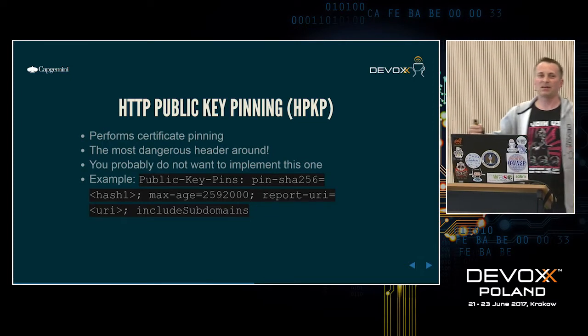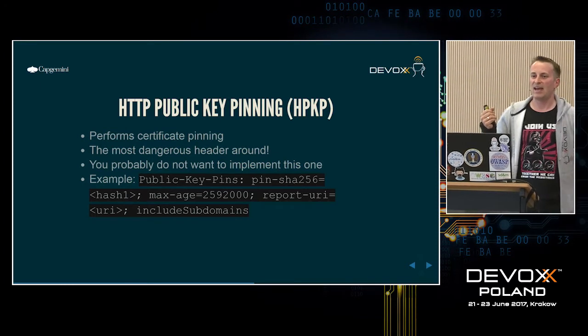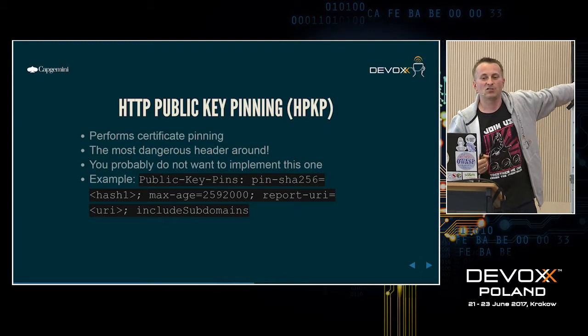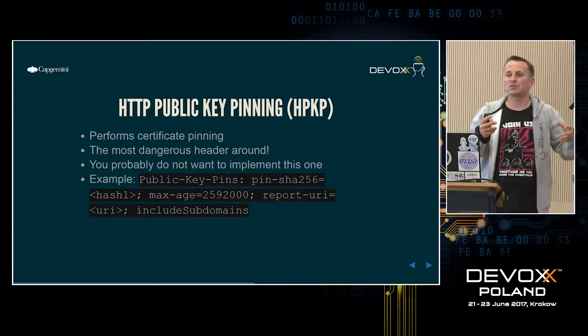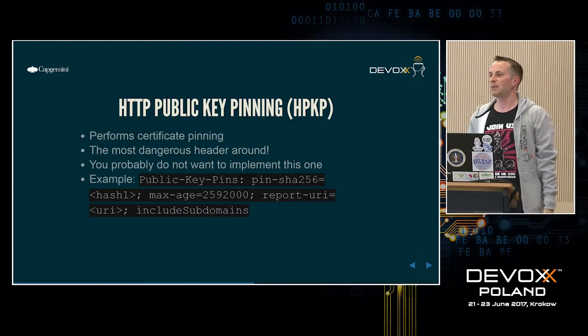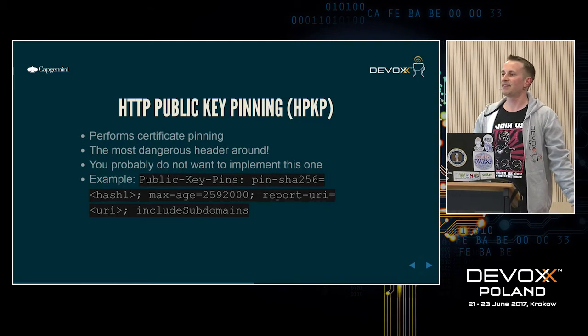Because your certificates will expire, and if you do not change this header definition by then, your users will be cut off from using your system. How bad is it? Is it something you can do worse than this?